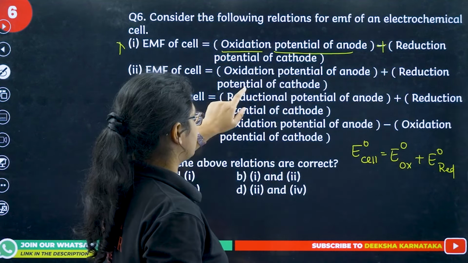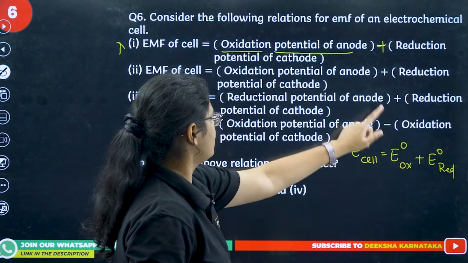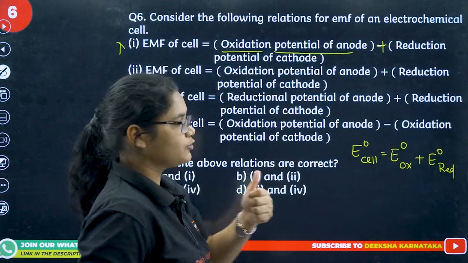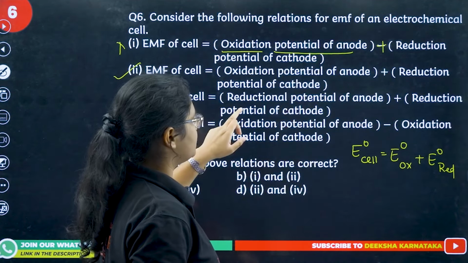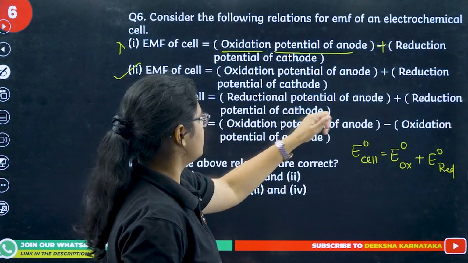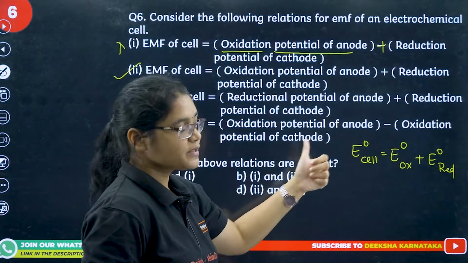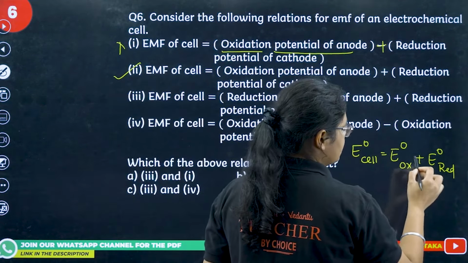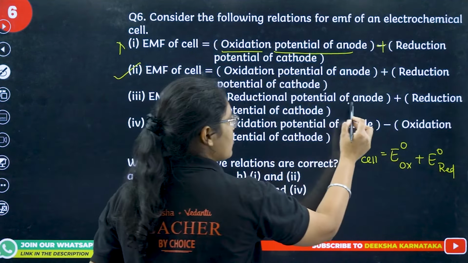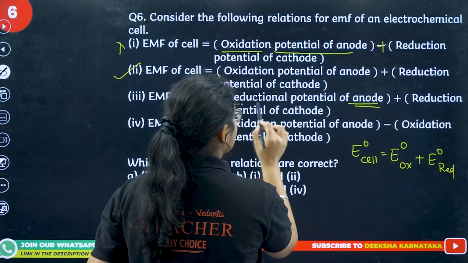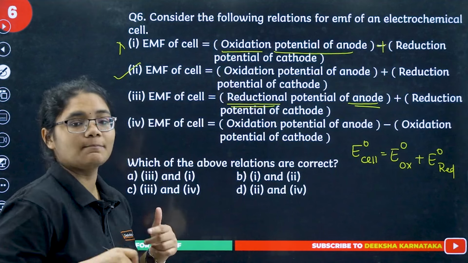Next, EMF of the cell is oxidation potential of anode plus reduction potential of cathode. Yes, that is correct. Next, EMF of the cell is equal to reduction potential of anode plus reduction potential of cathode. Now when you are taking the reduction potential of the anode, you have to change the sign, because anode is where oxidation takes place. If you are taking its reduction potential, it has to be minus.